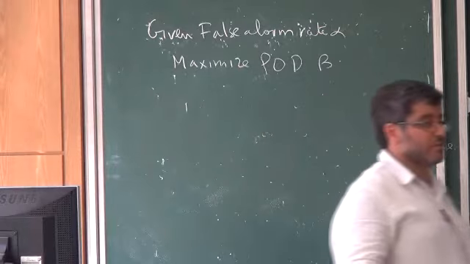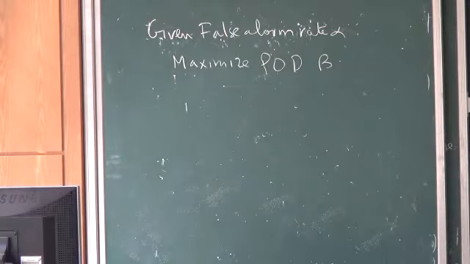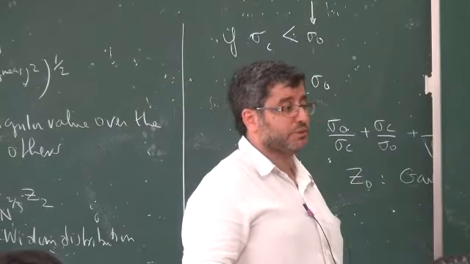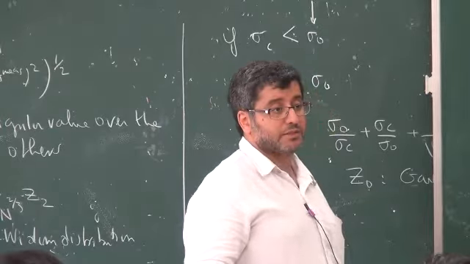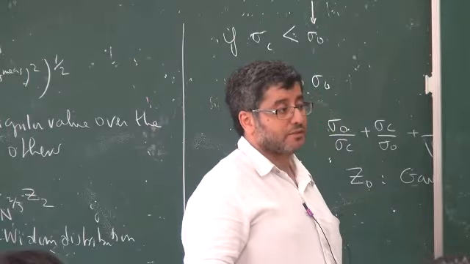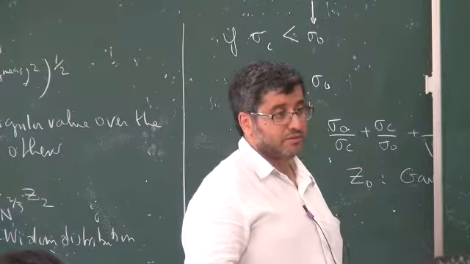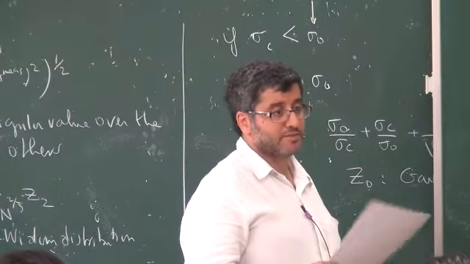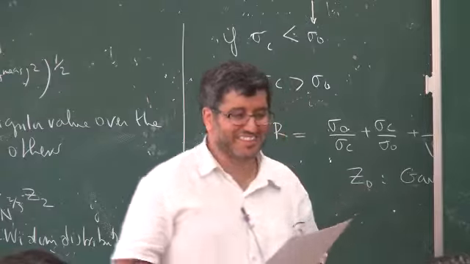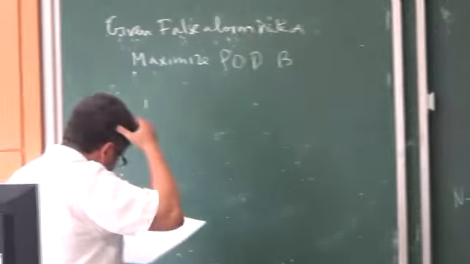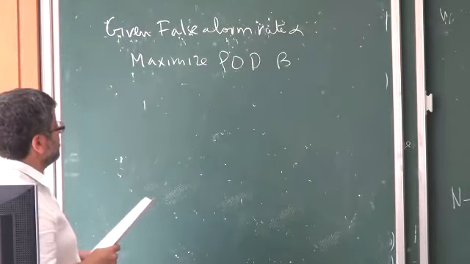We cannot minimize the false alarm rate and maximize the probability of detection in the same way. Either we fix the false alarm rate and maximize the probability of detection, or we fix the probability of detection and minimize the false alarm rate. But usually it's more dangerous to miss a target than to make a false alarm. False alarm is fine. Even for training it's better. So we maximize the probability of detection.